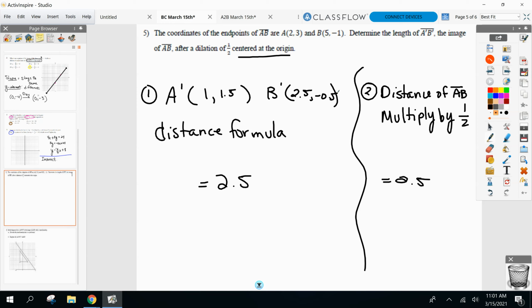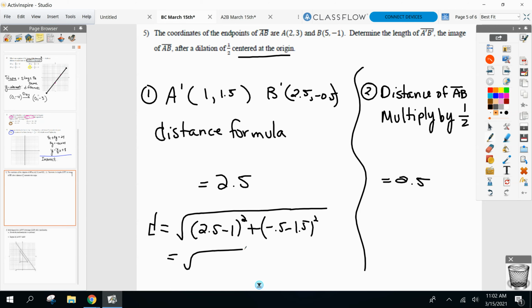Other questions, comments, concerns before I get on to the last one? So then you get 1.5 squared. It should be distance equals 2.5 minus 1 all squared plus negative 0.5 minus 1.5 all squared.